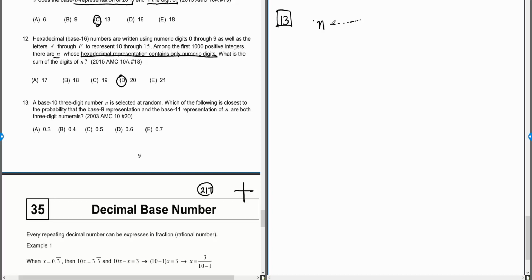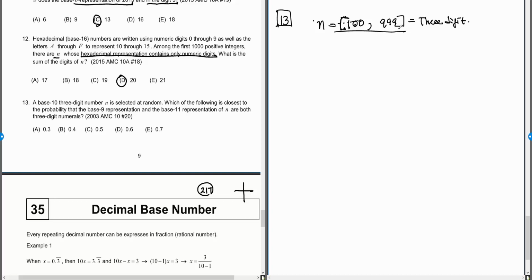So this number n is a 3-digit number, smallest 100, largest 999. Out of these numbers, they are all 3-digit numbers.